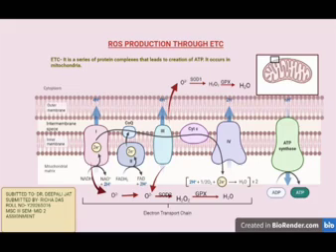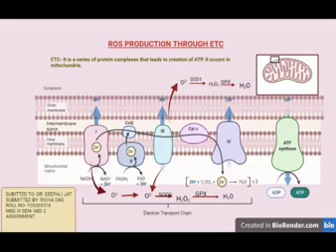Coming to complex 3, which is also referred to as cytochrome bc1 complex or Q cytochrome C reductase, it transfers the electron carried by QH2 to cytochrome C. The electron transfer process is accomplished by the Q cycle.